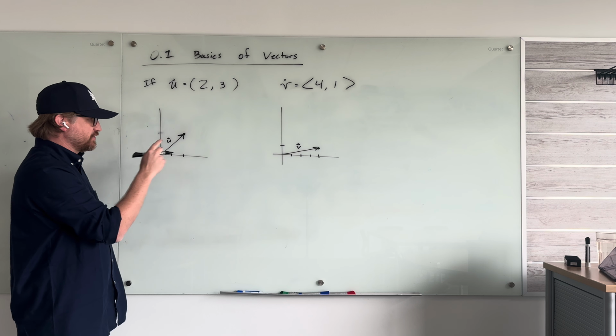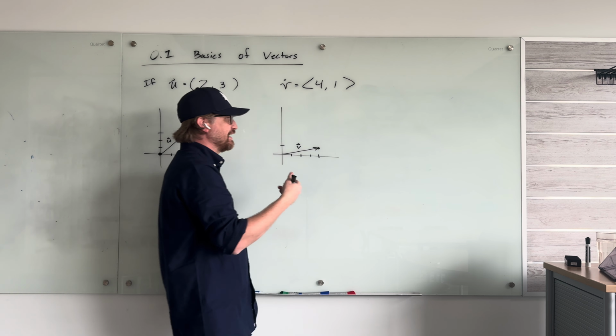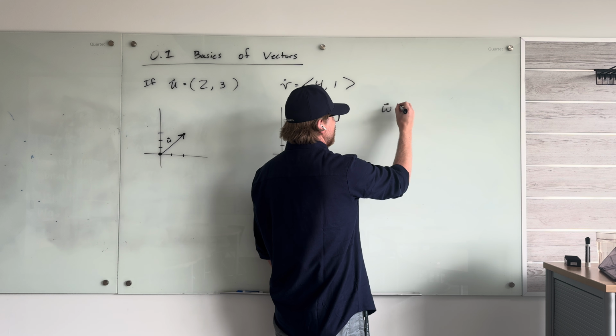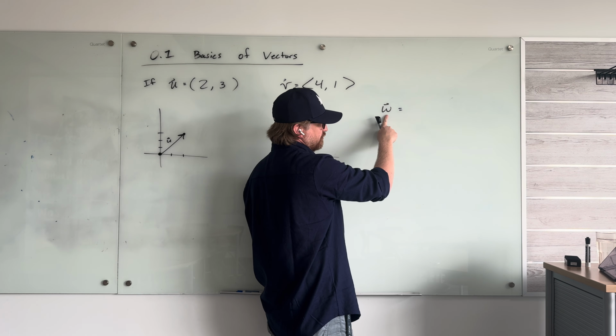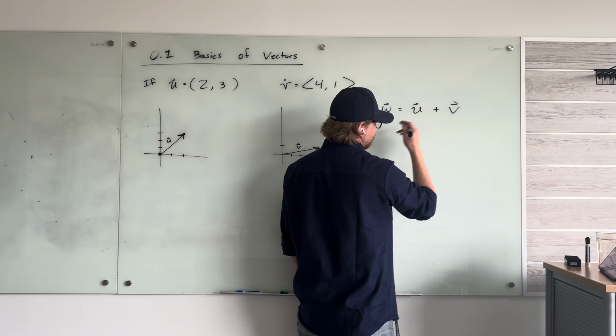And what I want to do with these 2 vectors is to go through and combine them. I'd like to add them and create a new vector, which I'm going to refer to as w, where I am specifically going to say u plus v.